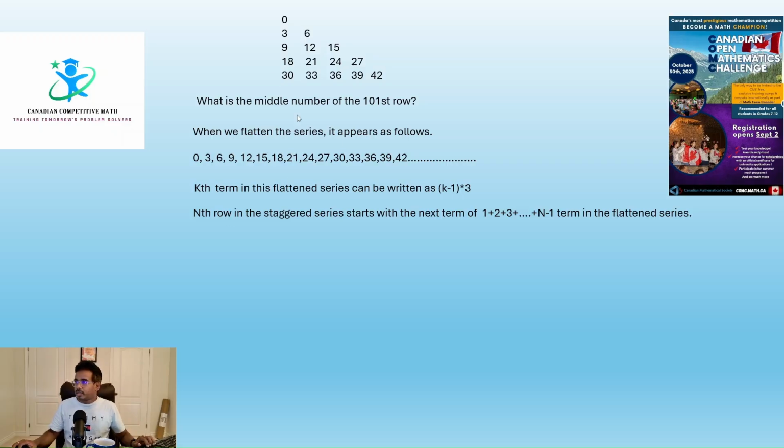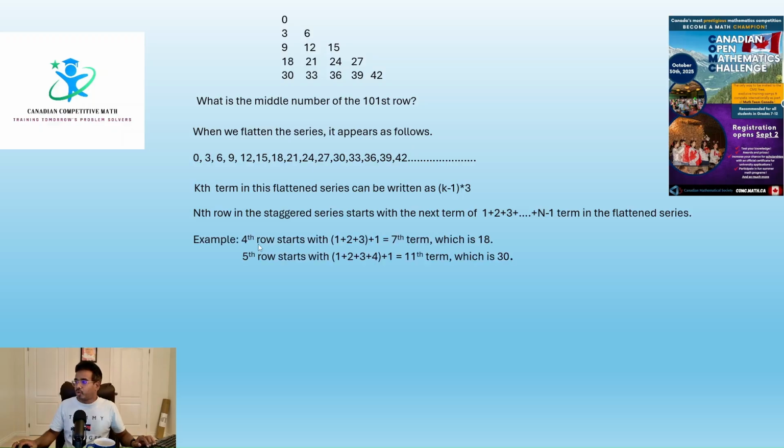If you look at the nth row, the first number of the nth row will be the term that comes after the sum 1 plus 2 plus 3 all the way till n minus 1, plus 1. I will explain that with an example.